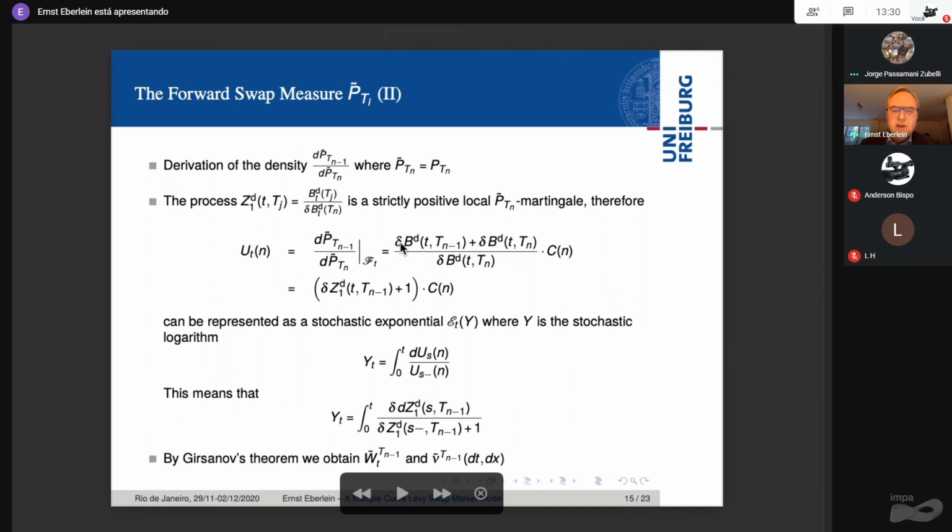Is the question related to that slide? Well, the density is closely related to the swap rate up to some factors and some constants. And this is why we force the swap rates to be true martingales, because the density, of course, has to be a true martingale. Right. Okay, very good.